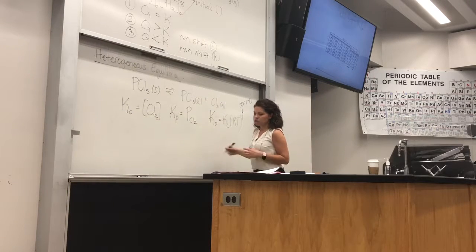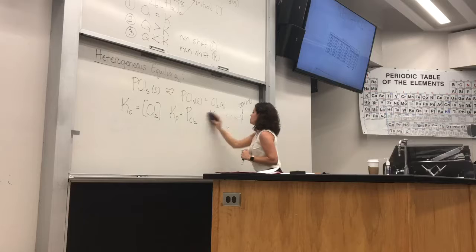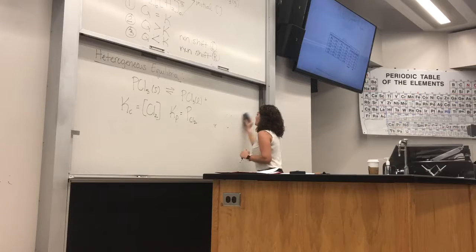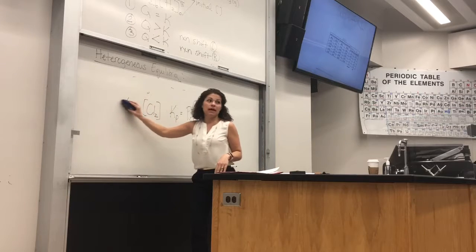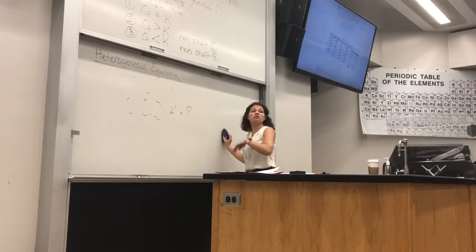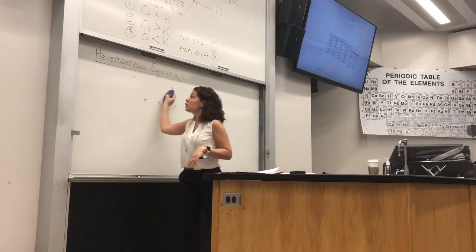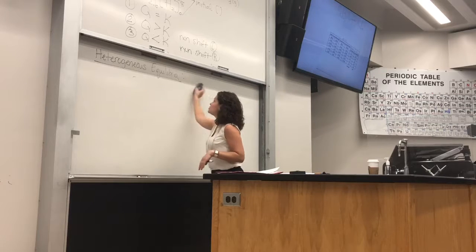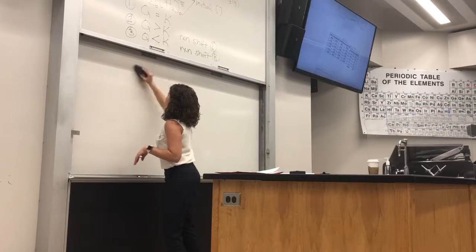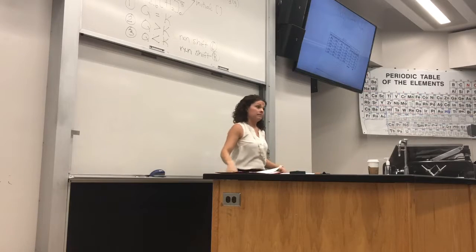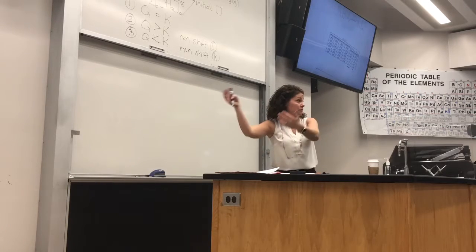If I give you a problem and you don't have any reactants at the start, only a concentration of products, there's no need to calculate Q because you know the reaction is going to shift left.